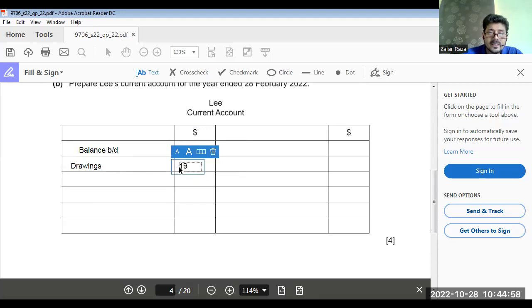Then loan interest 200, and share of profit.